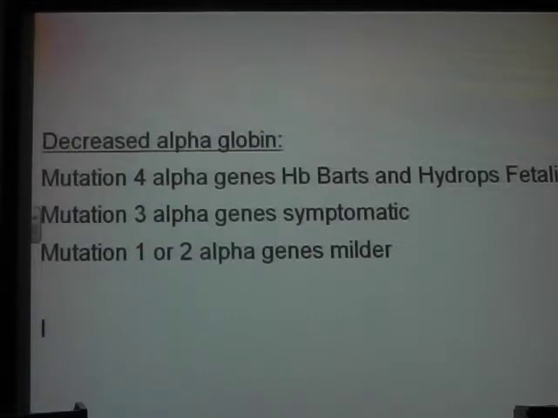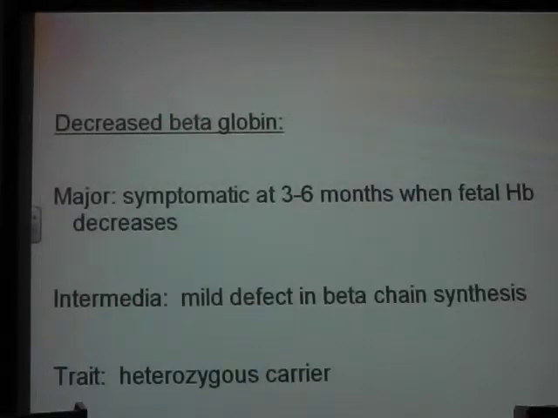So if you've knocked out all 4 of your alpha genes, you get a condition called hydrops fetalis, which is basically the fetus goes into heart failure and dies. And then so on and so forth, until really, if you've only got 1 or 2 mutations, you can actually have a very mild anemia. And similarly with your beta globin, that's controlled by 2 genes. Major is when you knock out both your genes, and very symptomatic.